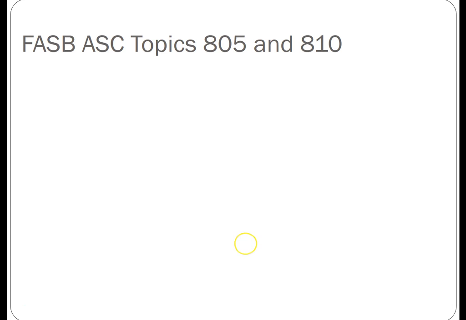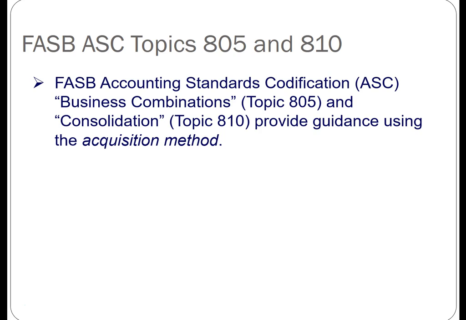FASB ASC Topics 805 and 810. These provide the guidance using the acquisition method. Now, before the acquisition method, when they came up with that ruling, it used to be that we used what we called the purchase method. And under the purchase method, if you only owned 60% of another company, you only showed 60% of their equipment, 60% of their liabilities.